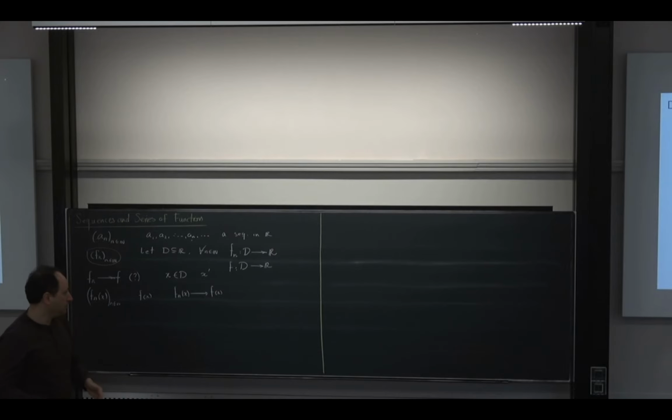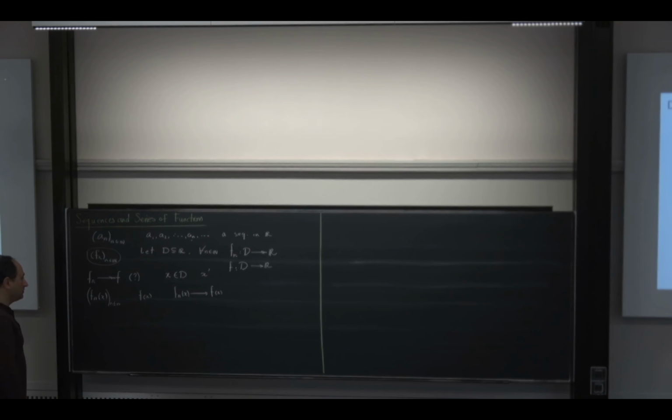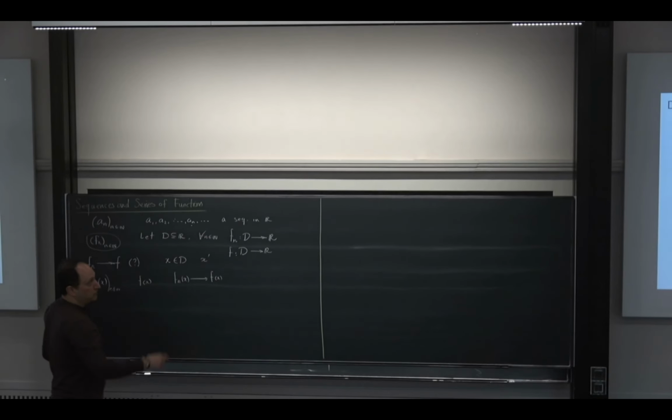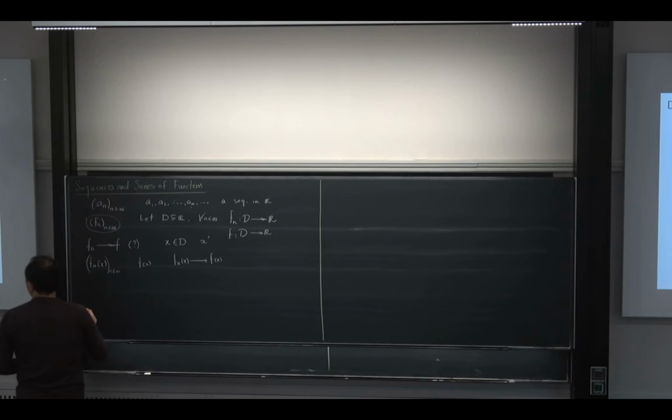There is no guarantee that if the previous sequence converges to this, the new sequence also converges to f of x prime. Okay, is the idea more or less clear? So this is the first thing we want to define then. Okay, so that is easy, and handling this is also very easy. So I would start with definition 14.1.